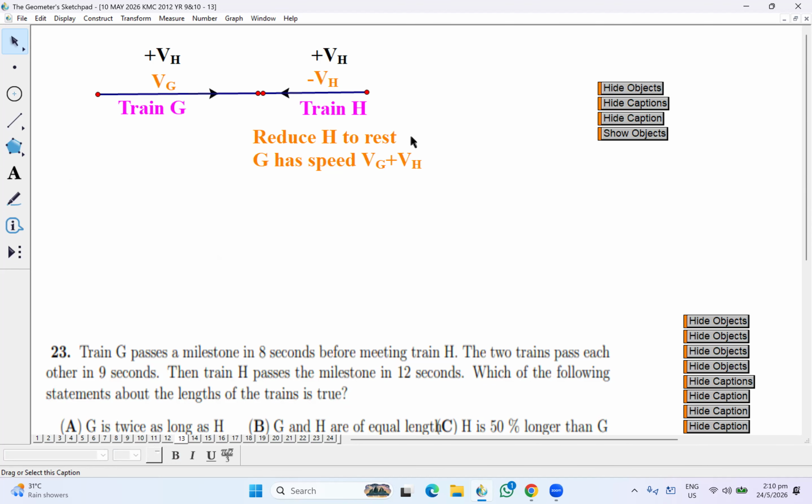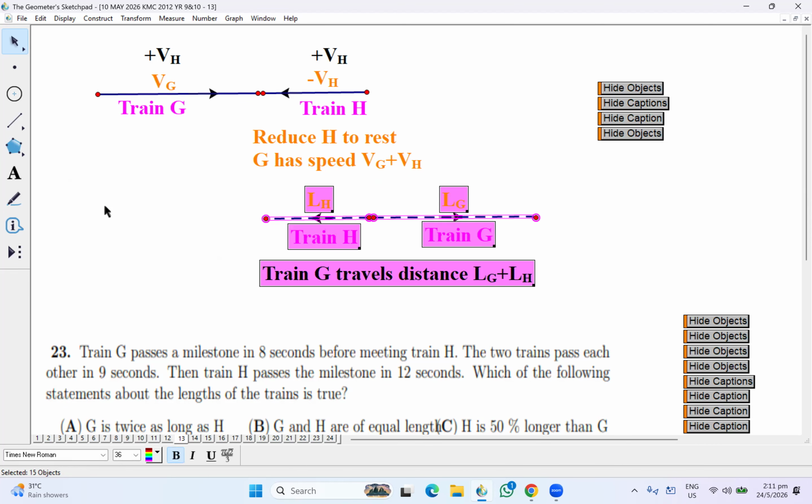Reduce to rest. G becomes VG plus VH. We move the whole system towards the right, so that the VH reduces train H to rest. Then VG will gain VH, VG plus VH.